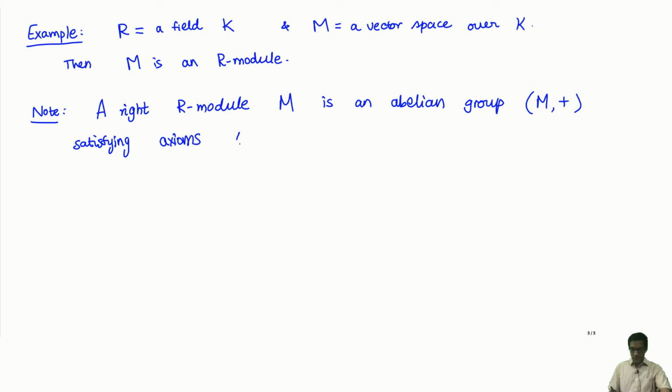So axioms 1, 2, 4, but not 3, and instead of 3 they have an axiom which is now called 3 prime.